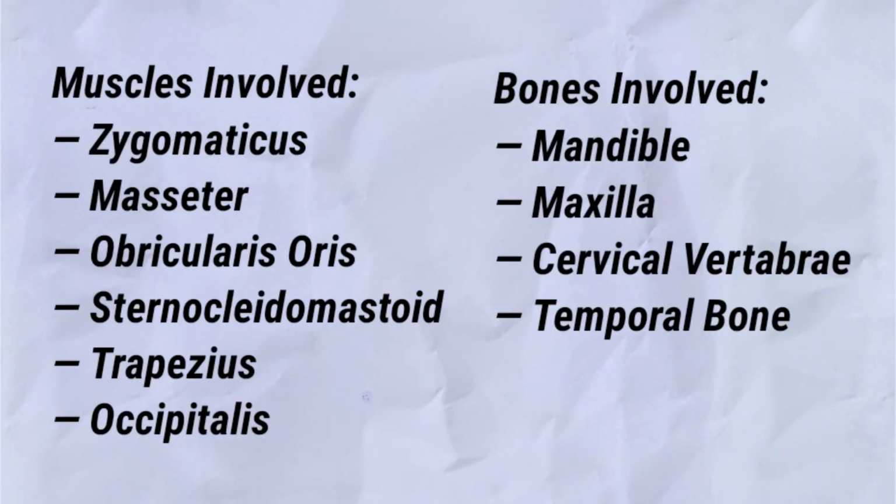So the muscles involved are zygomaticus, masseter, orbicularis oris, sternocleidomastoid, trapezius, and occipitalis, while the bones involved are mandible, maxilla, cervical vertebrae, and temporal bone.